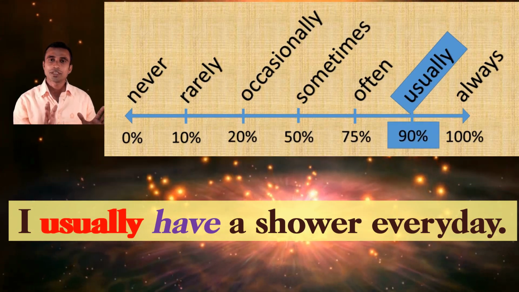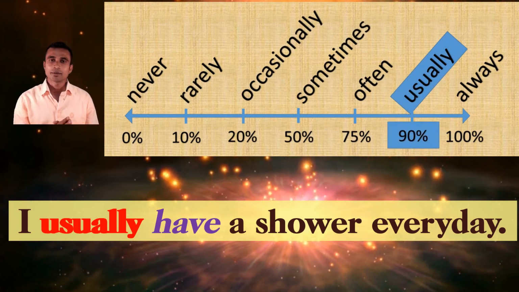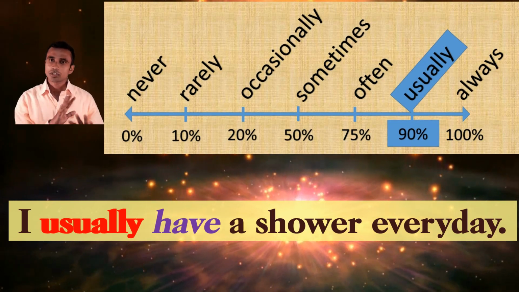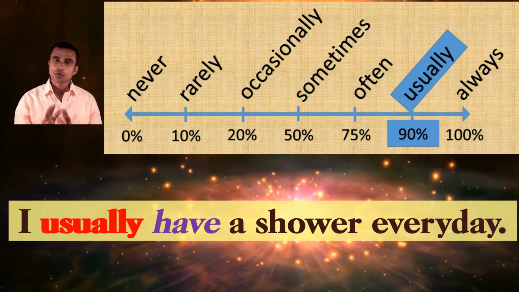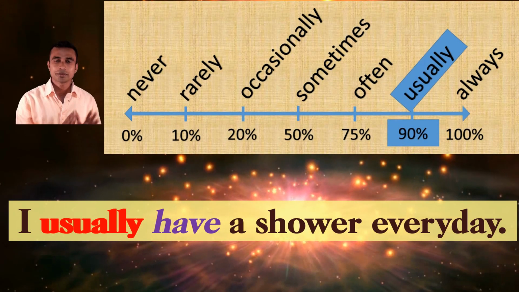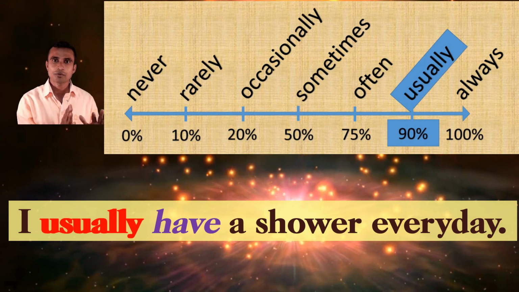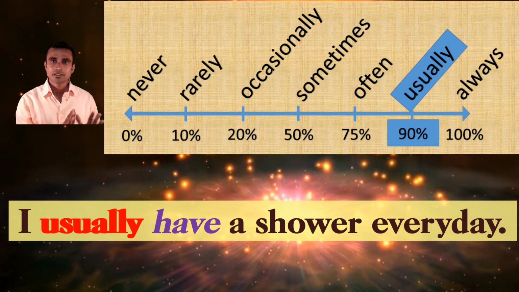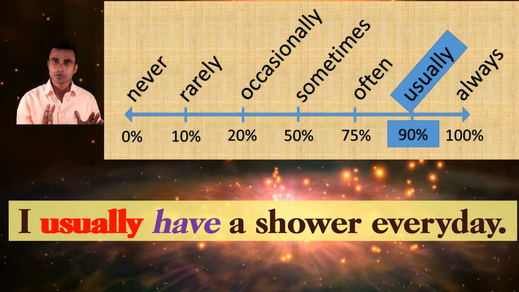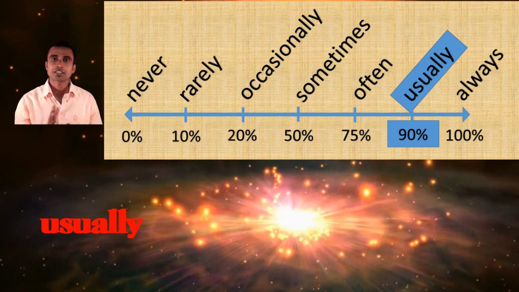That is, according to the given percentage, around 90%. That means not every day, but almost every day. Almost every day I have a shower. I usually have a shower every day, in the sense I have a shower almost every day. Here the term usually is a frequency adverb.